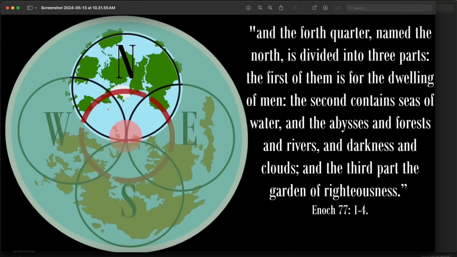Well, that's this area, right in here. Lemuria, you got New Zealand up here, Australia here, Lemuria no longer there. This is seas, this is waters, this is forests, this is the abysses and clouds and darkness, because no one's there. And the third part is called the Garden of Righteousness, right here, where everything rotates around.